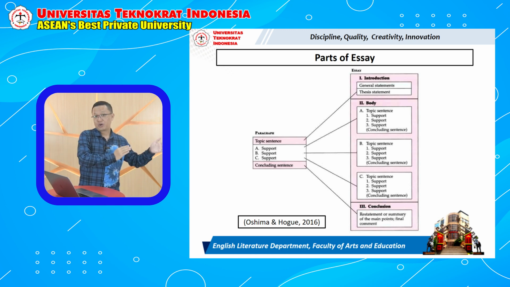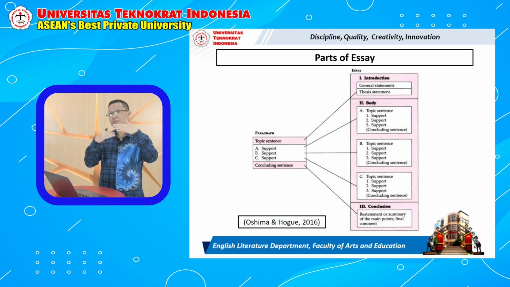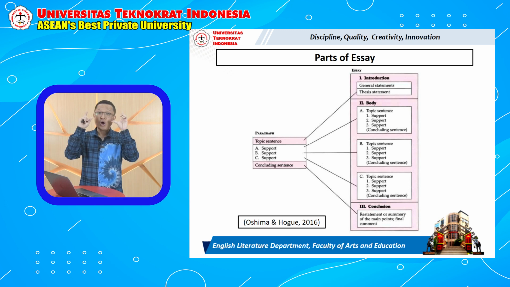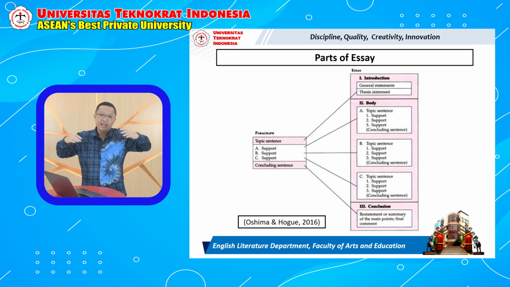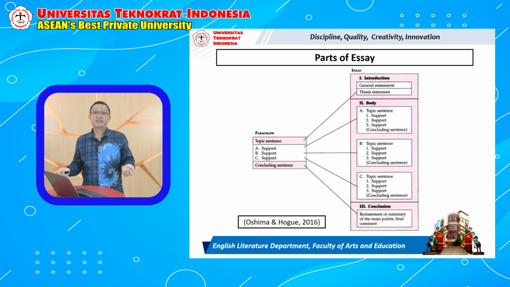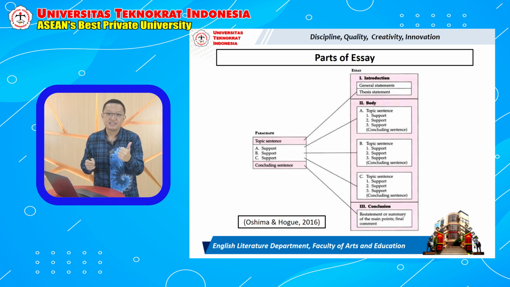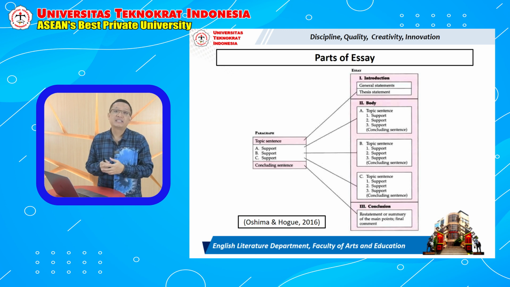Okay, now we move to the second part of the essay. The second part of the essay, we call it the body. Normally, the body is like an extension or explanation of the introduction part. All right, so the construct of the body normally consists of like any normal paragraph: topic sentence, some supporting sentences, and a concluding sentence.